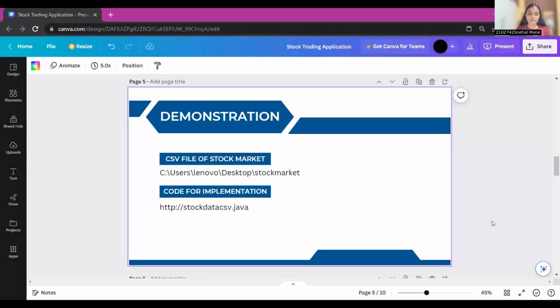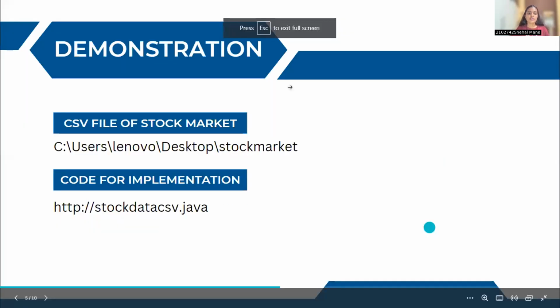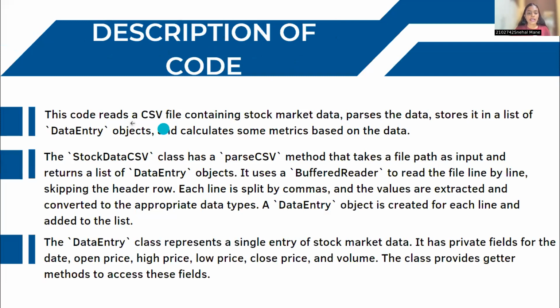Now let's come to the presentation part. The description of the code is that I have used a CSV file containing the stock market data, parsed the data, and stored the list of the data in the DataEntry object.